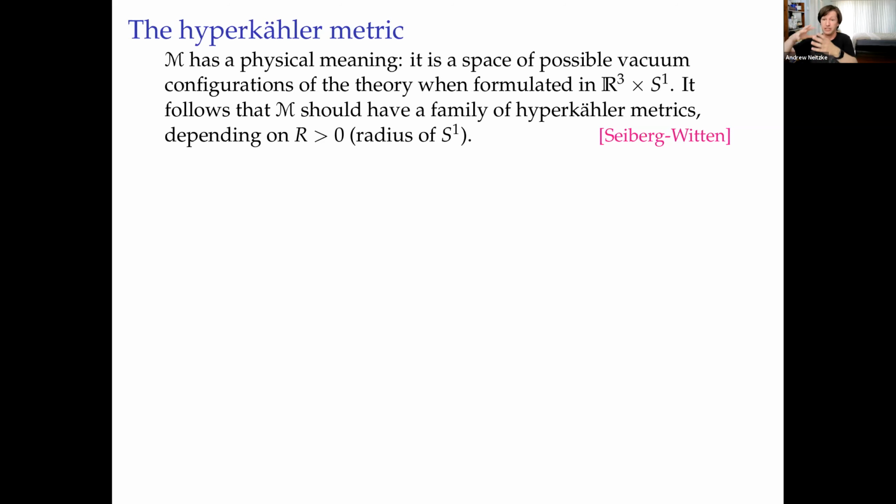You can think of the total space of this complex integrable system in a similar way. It's also the vacuum configurations of the theory, but now formulated in R3 cross S1. In particular, the consequence that's important for us is that M should have a hyperkähler metric, in fact a family of hyperkähler metrics depending on a parameter. And that parameter you can think of as being the radius of this circle in the spacetime.